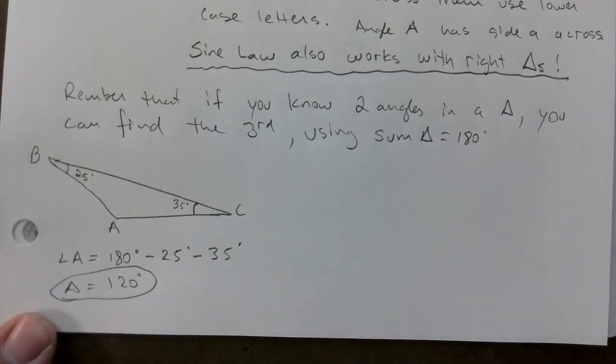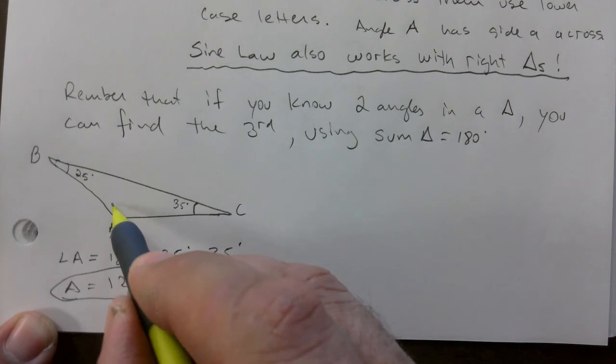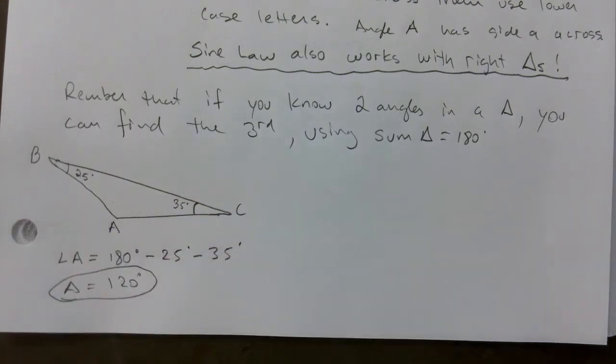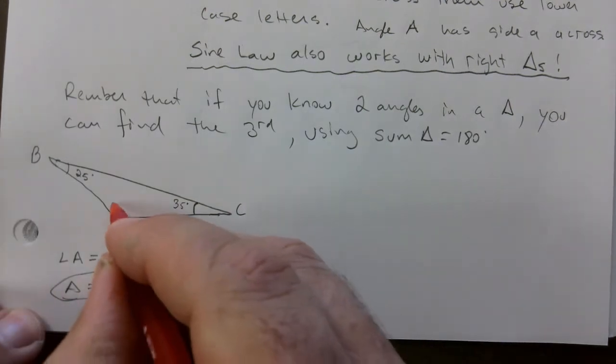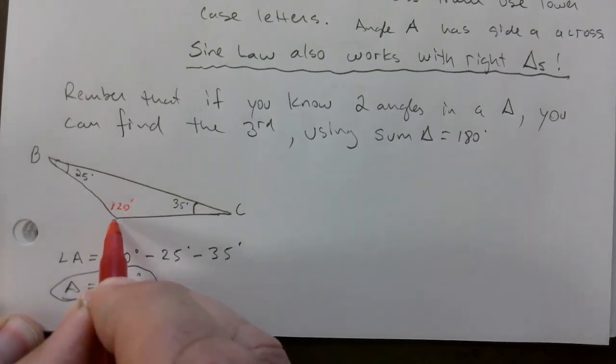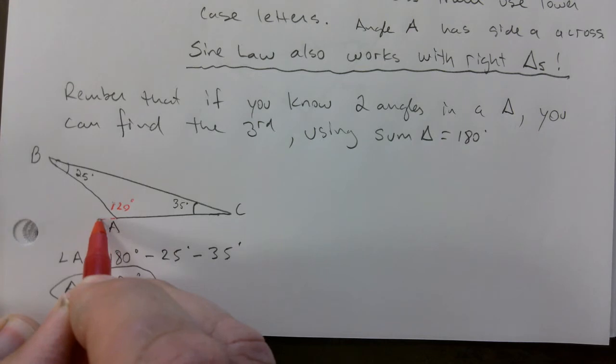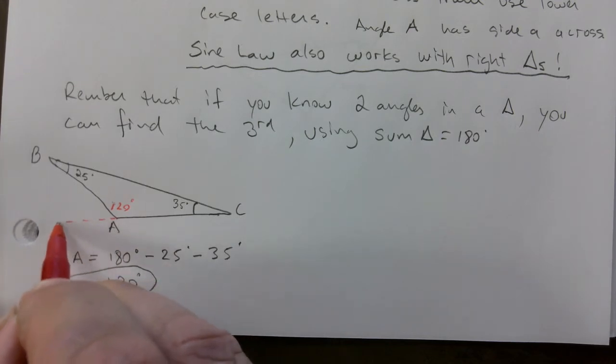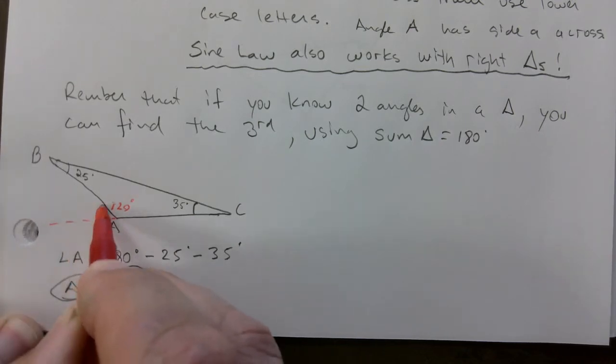And watch this. This is probably gonna blow your mind on a Monday morning. You won't be able to stop talking about it, right? So if this is 120, right? And if I come over here to this angle right there and I were to extend it like this, what would this angle be right here?